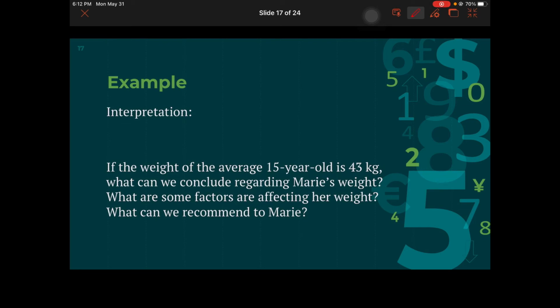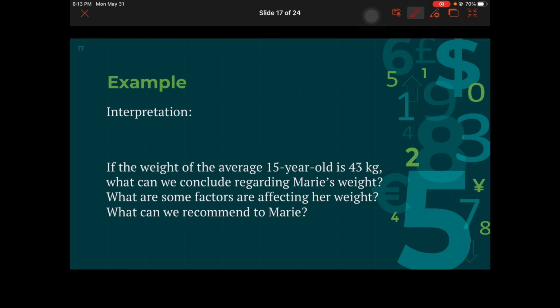So, what can we recommend to Marie? Well, it depends on kung ano talaga yung underlying reason. Kung siya ay may hormonal imbalance, then maybe pwede nating i-recommend sa kanya na, maybe you should get checked. Kasi, medyo slightly above average. Kasi kung siya naman ay healthy, 'di ba? Wala naman tayong masasabi about her weight.